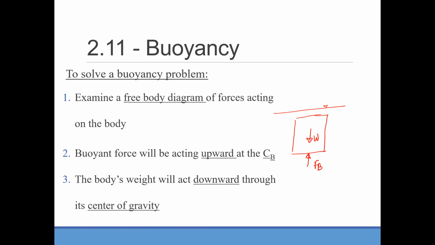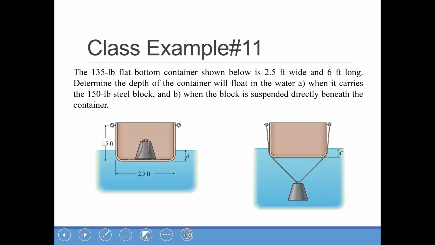Let's start working on one class example, which is class example 11. Okay, let's read that question. The 135 lb flat bottom container shown below is 2.5 feet wide, okay, this one, and 6 feet long.